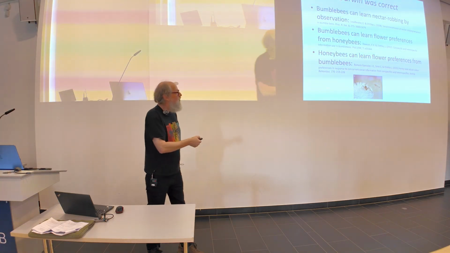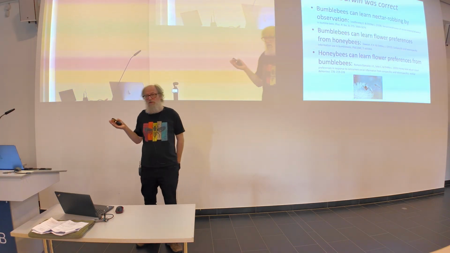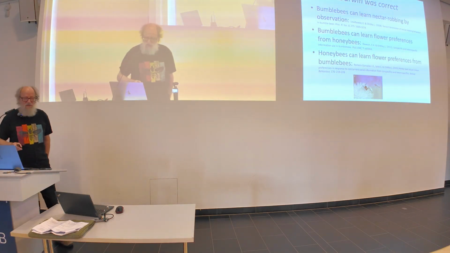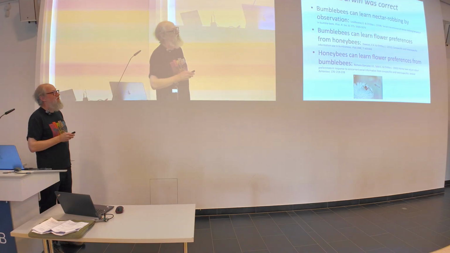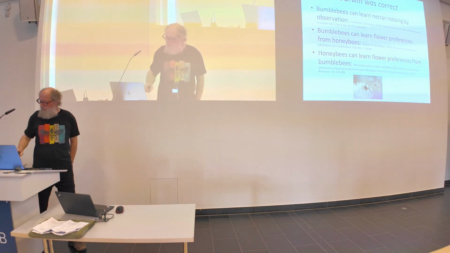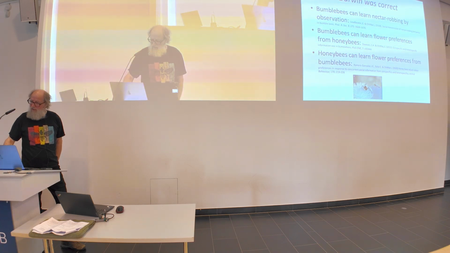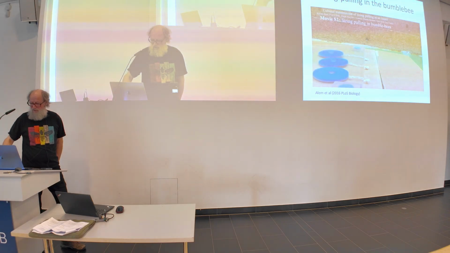Honeybees can learn from bumblebees which flowers to visit. So this was merely an observation at Darwin's time, but experiments show that he was actually correct in suggesting that bumblebees and honeybees can learn from each other, not just from members of their own species.